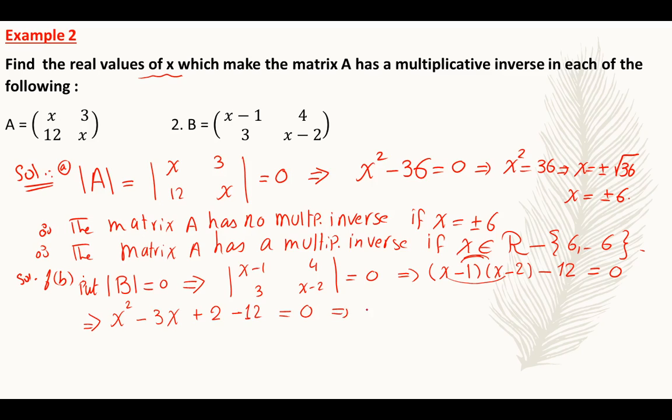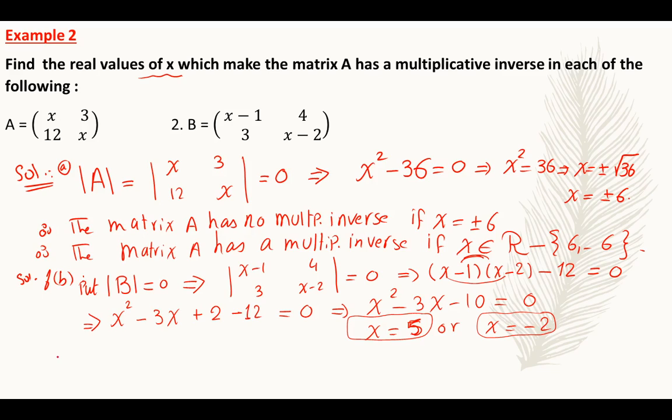So now we have x power of 2 minus 3x minus 10 equals 0. By using your calculator, or by factorizing, you will find that x equals 5 or x equals negative 2. So the two values 5 and negative 2 are the values which make the matrix B have no multiplicative inverse.